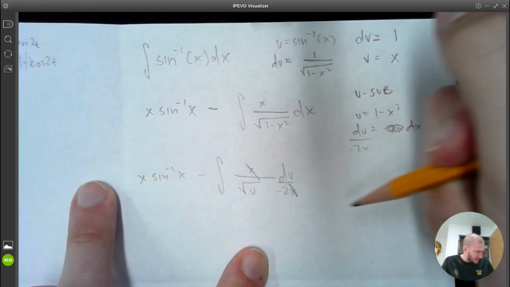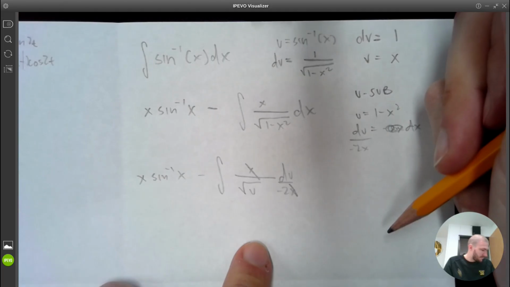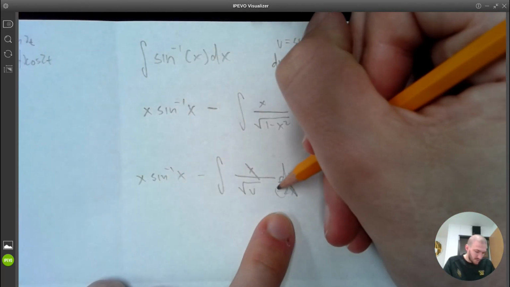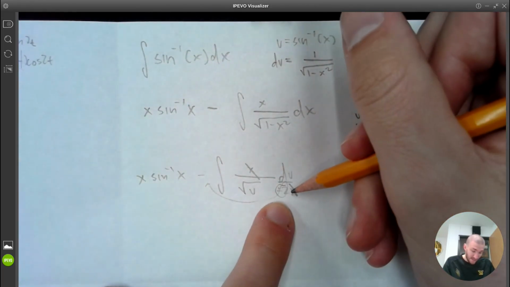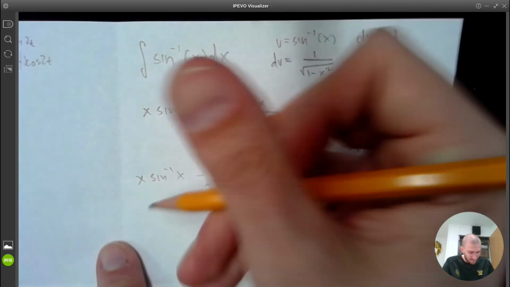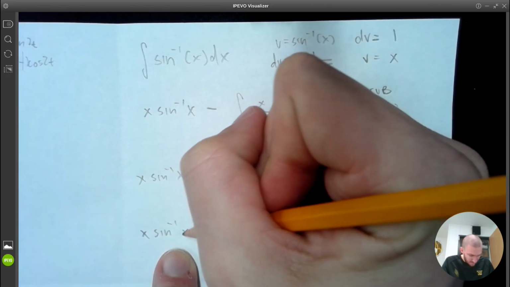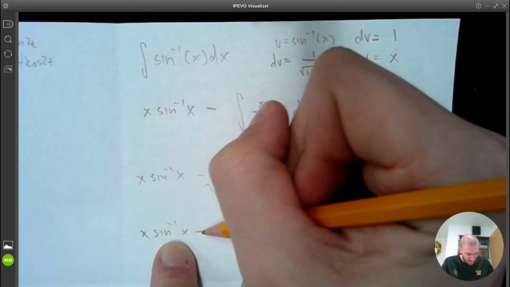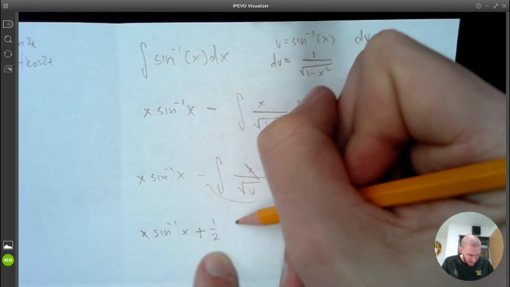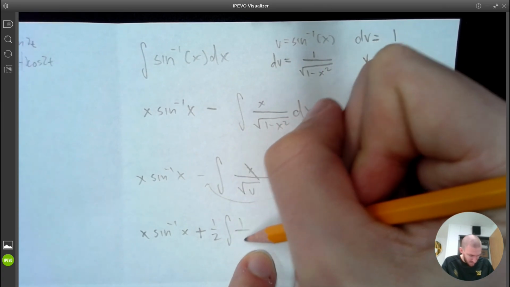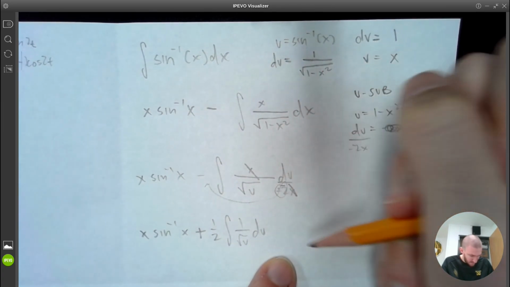The x and the x are going to cancel out. I'm going to take this 2 and move it out front, but it's not a 2, it's a 1/2 because it's in the bottom. So I'm going to have x arc sine of x minus, but another minus makes plus 1/2 the integral of 1 over square root u du.